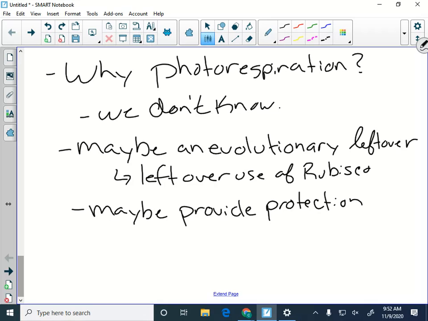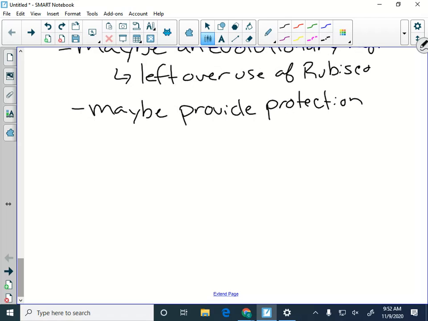But like I said, we don't know for sure, but we know that this very, very wasteful process takes place in C3 plants when it's too hot and we don't have enough carbon dioxide and we have way too much oxygen. But some plant species have alternate modes of carbon fixation to avoid this. So some species have evolved to avoid this.